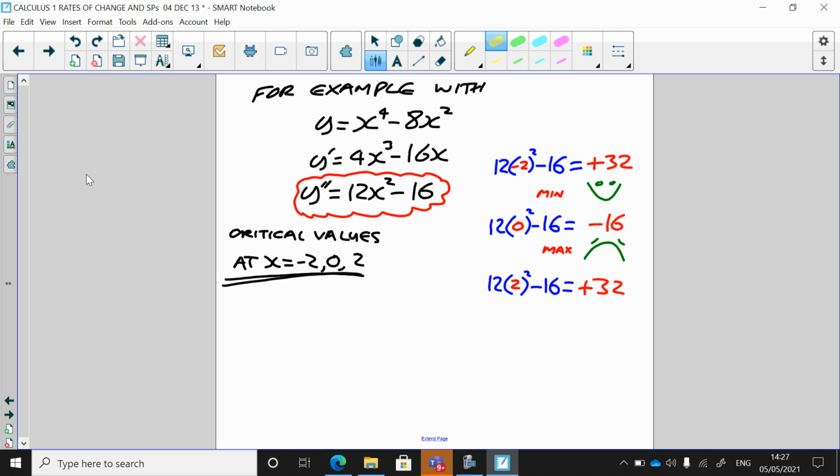Well, that's positive. So if you're positive, that's what you're looking like there. So positive, it means you've got a minimum turning point there. So you've seen how quick that second derivative test actually is, as opposed to the nature table.